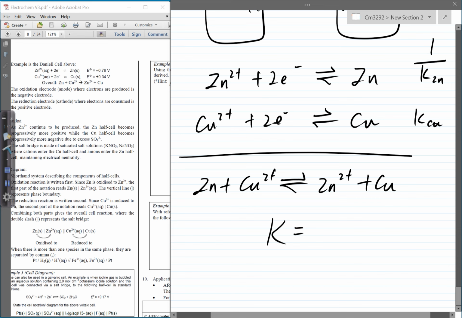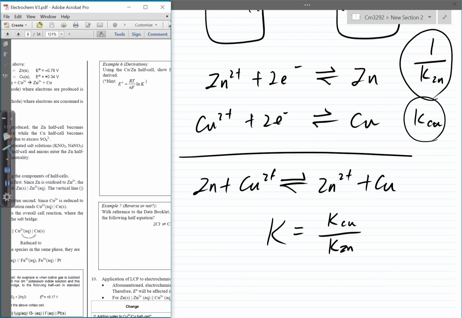The second equation we don't invert. So in order to calculate K, we just have to take this, multiply by this, right? I think I went through this in chemical equilibrium, right? In order to calculate the net K, you just multiply these two. So if you multiply these two, you have K Cu over K Zn. This is the equilibrium constant, right?